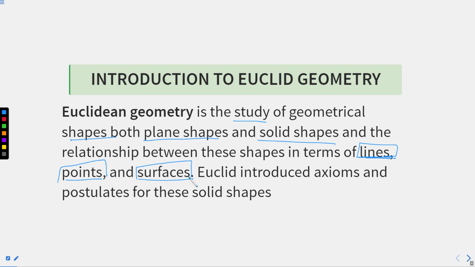These are all defined by Euclid, so you will see the definitions for them also. I hope the meaning of Euclidean geometry is clear. In summary, it is the geometry based on some axioms which were introduced by Euclid.